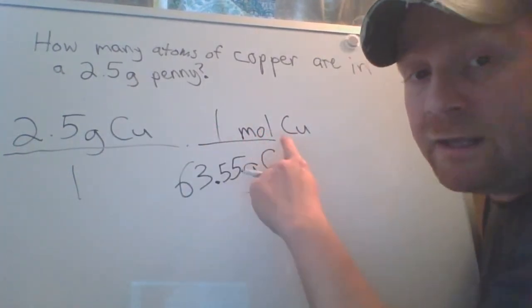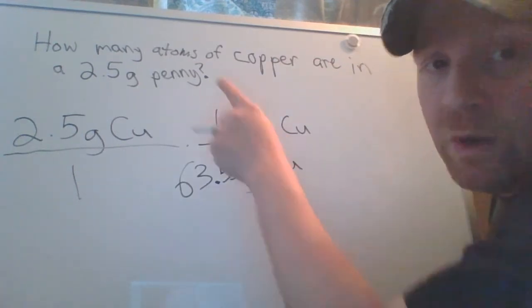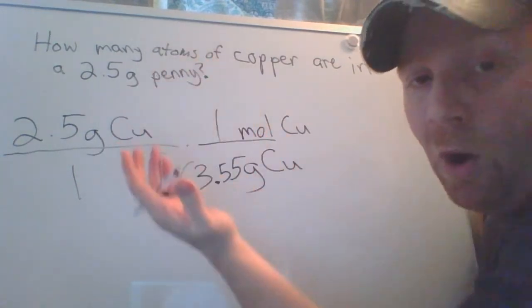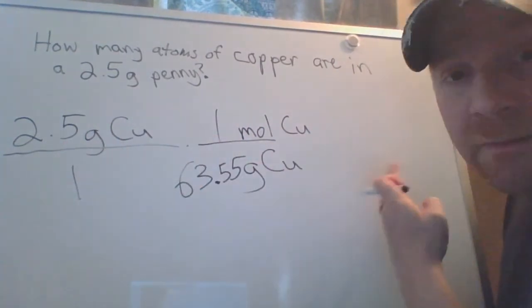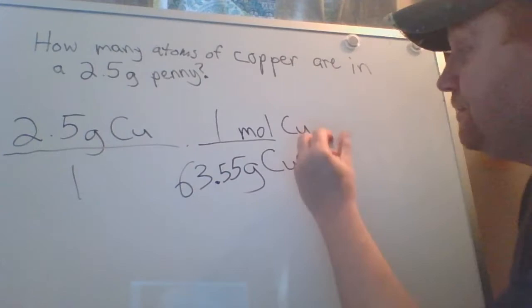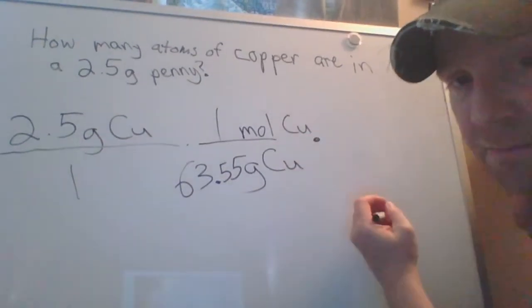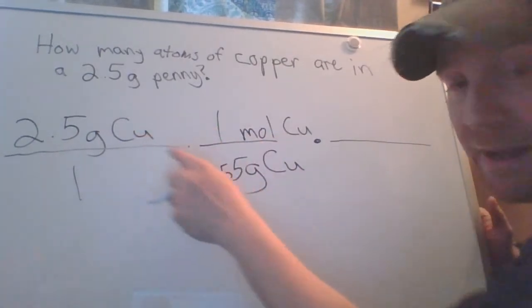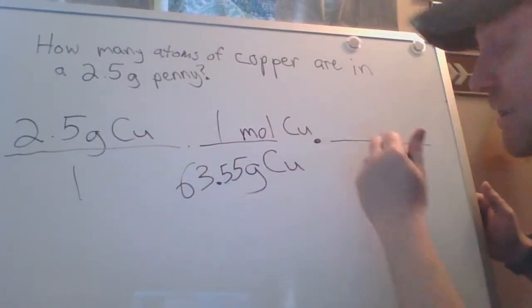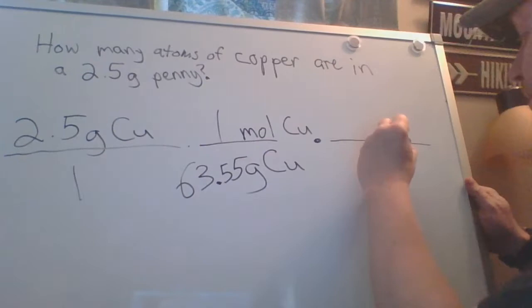If we divided this out, that would cancel out grams, and we'd have our number of moles of copper in a penny. But we don't want moles. We want atoms. We want particles. So we have to keep going. You can do all of this in one long solution. I need to make sure I don't run out of room here. Grams has canceled out. We're now in moles. We need to cancel out moles.